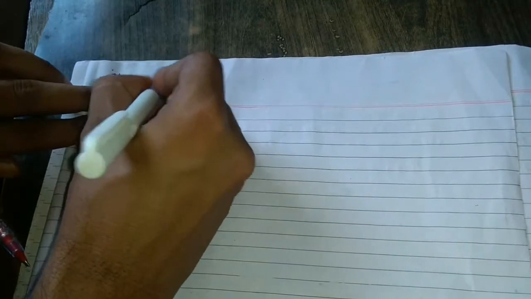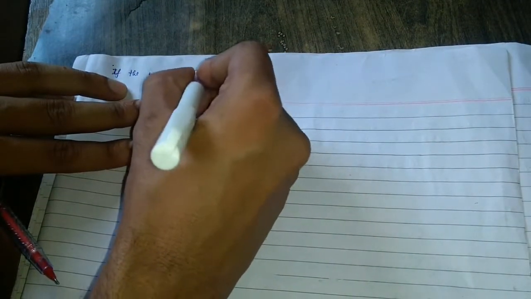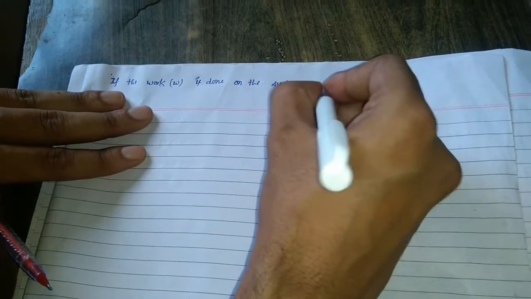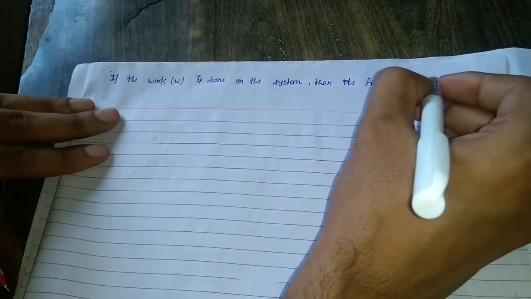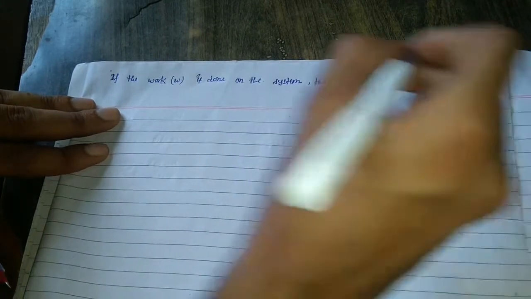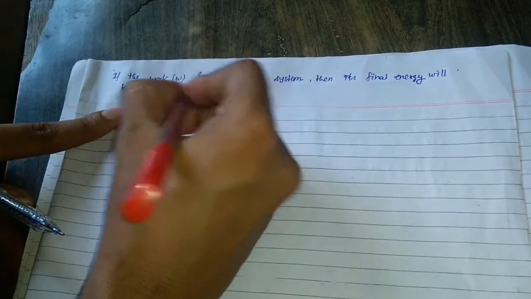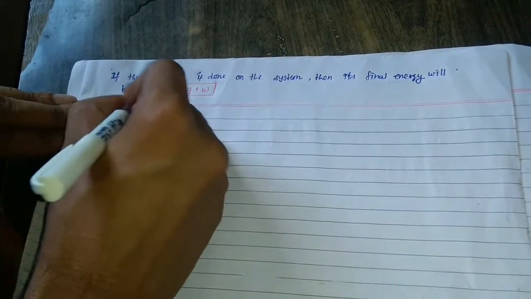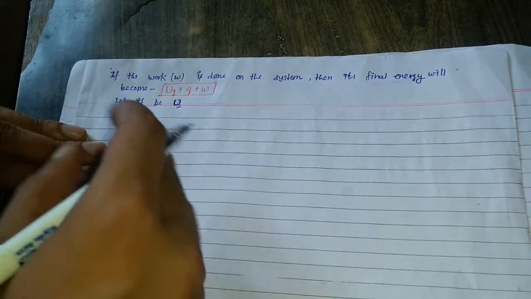Now for the next term, if the work W is done on the system, then its final energy will be U1 plus Q plus W. Now let it be U2, because we have formed this equation starting from internal energy equal to U1.